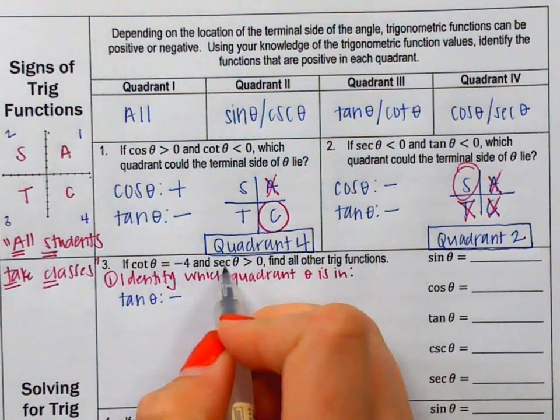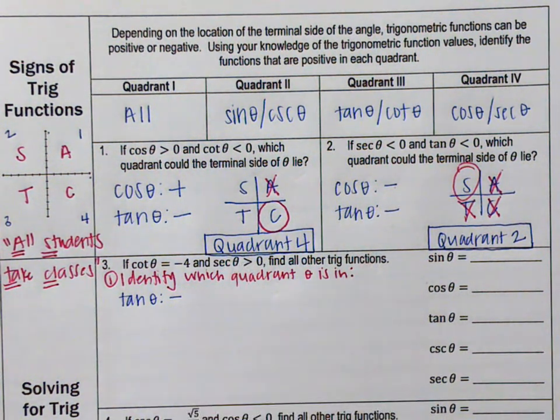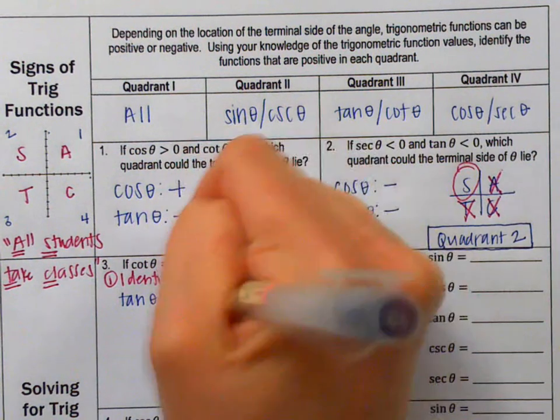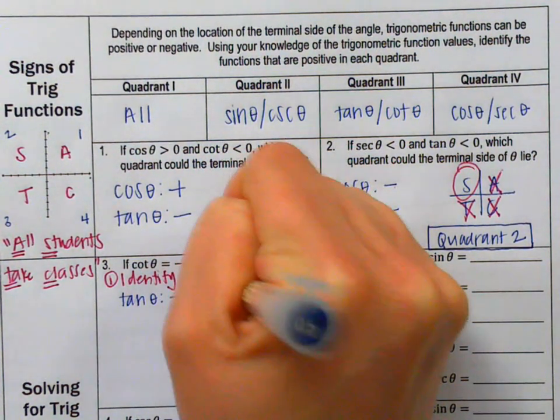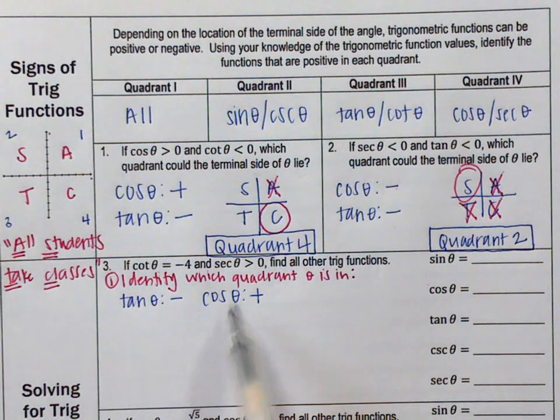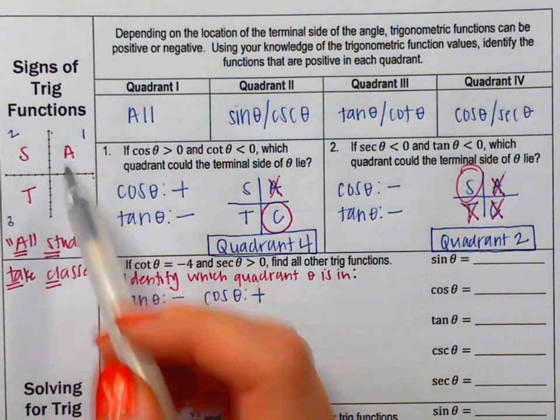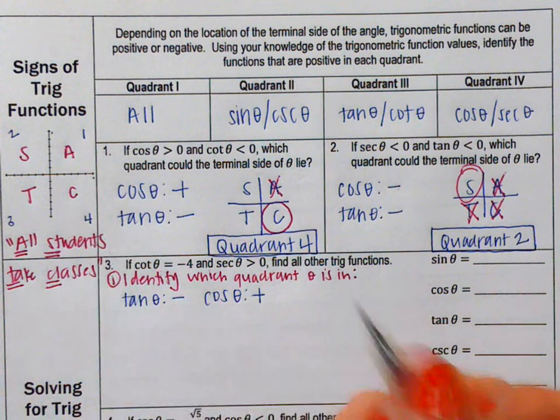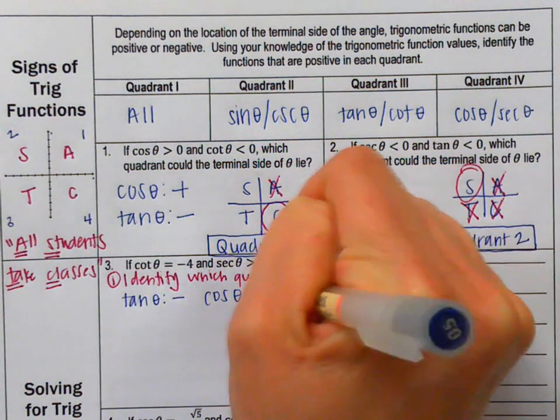And then it's also telling us secant theta, which we know is the reciprocal of cosine, is greater than 0. So cosine theta is positive. So again, I think, okay, it's definitely not quadrant 1. And then cosine is positive in quadrant 4. So this has to be quadrant 4.